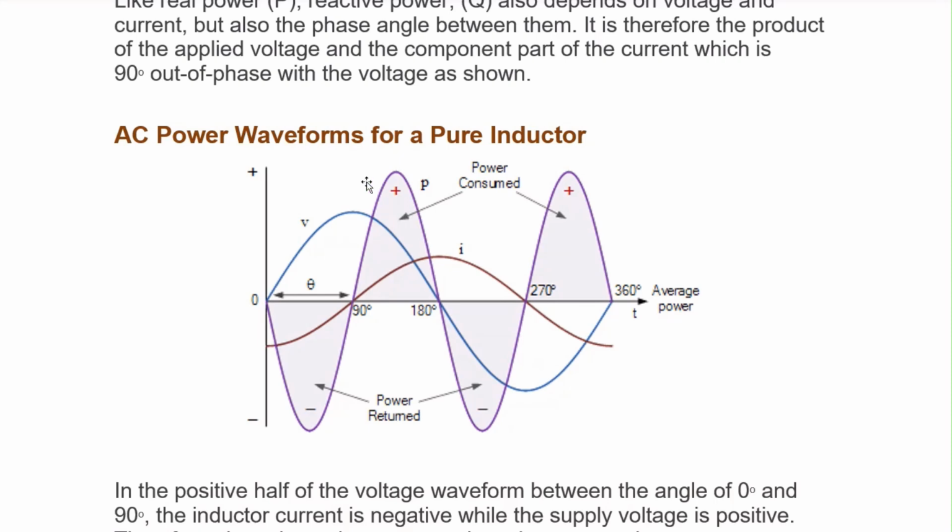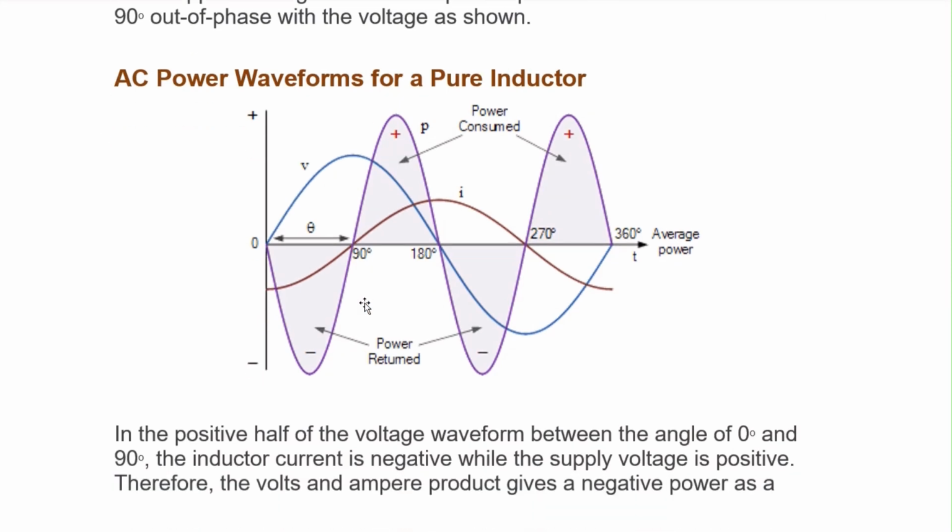So here is the power in the inductive circuit. This is your voltage, the blue line. This is your current profile, the red line, and another is the purple color, the power line. As you can see, where the current is negative but the voltage is positive, the product is negative. So up to this point the power is negative, and after that the power becomes positive.